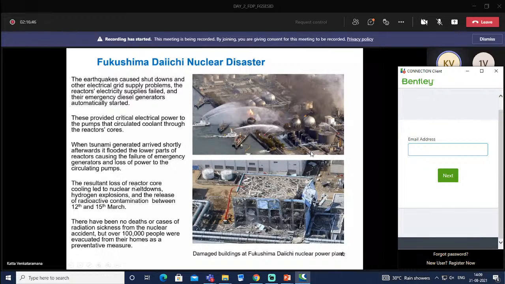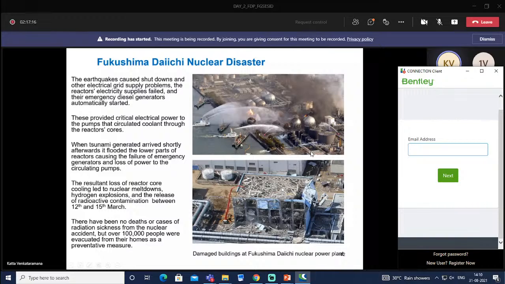The resultant loss of reactor core cooling led to nuclear meltdowns, hydrogen explosions, and the release of radioactive contamination between 12th and 15th March. The earthquake happened on the 11th, and between the 12th and 15th there was release of radioactive contamination. So you can see here the damaged building at the Fukushima Daiichi nuclear power plant.